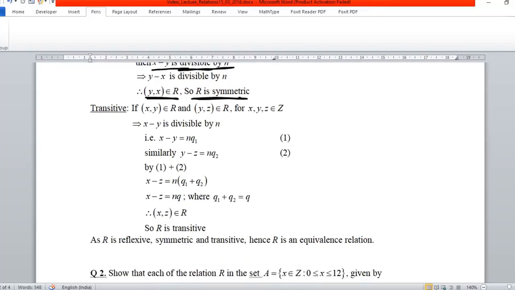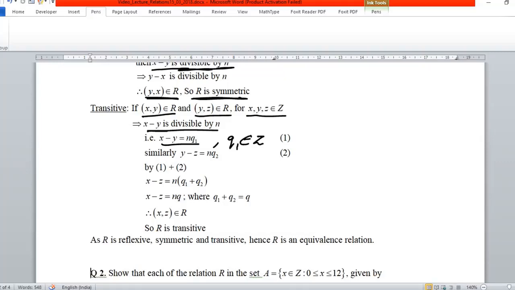Let us move on to the third type. For this one, we need two elements in the relation. If (x, y) belongs to R and (y, z) also belongs to R for x, y and z belonging to the set Z. As (x, y) belongs to R, this means that x minus y is divisible by n, so we can write x minus y equals n times q1, where q1 is an integer.